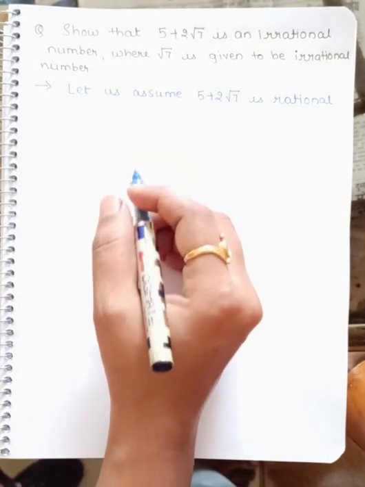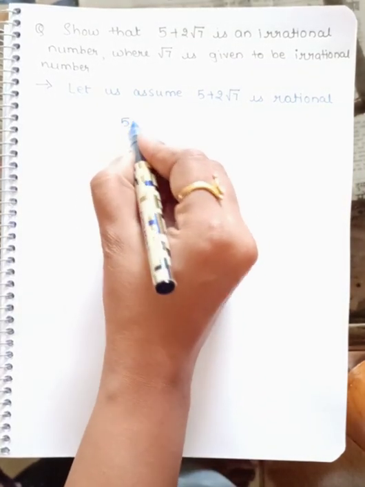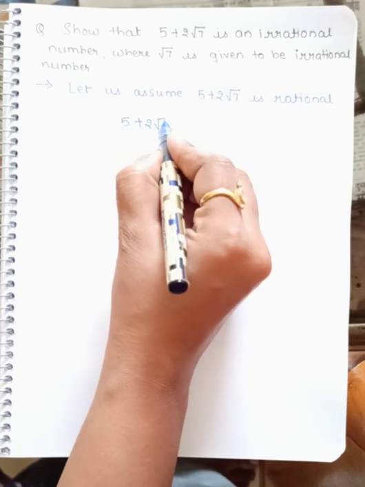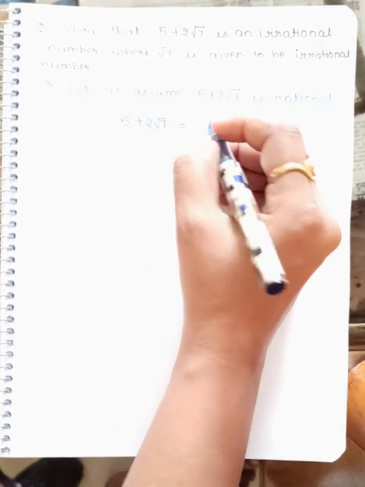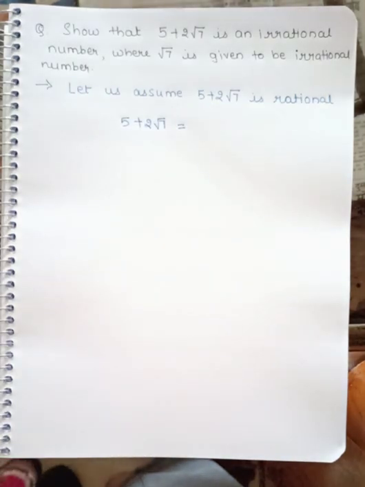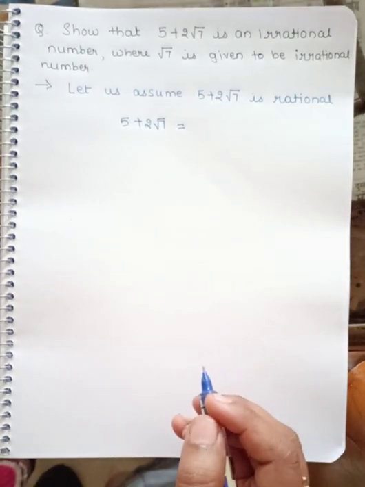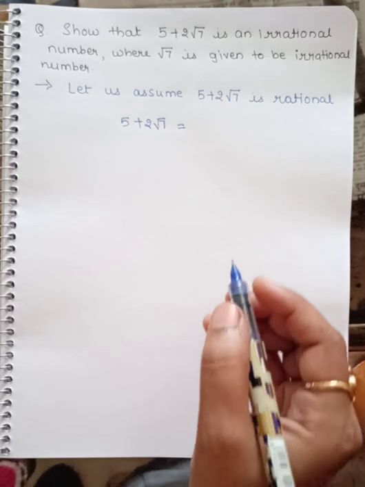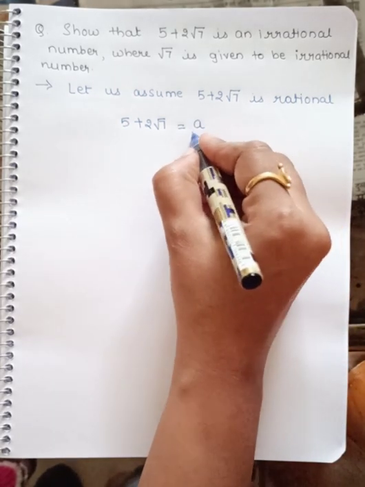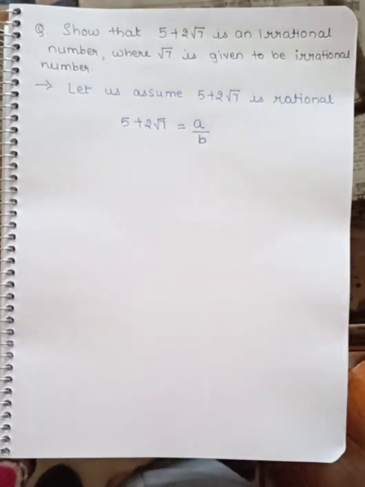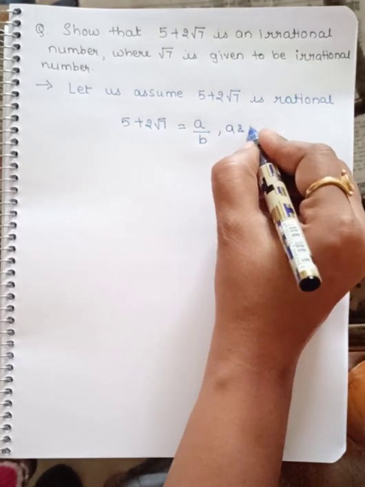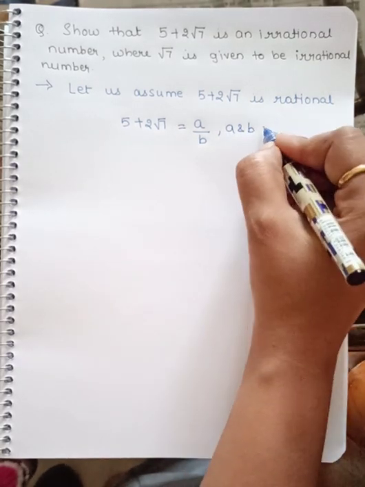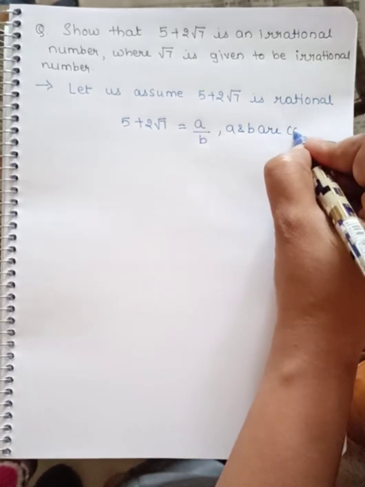So here I will write 5 plus 2 under root 7 is equal to p by q, or you can consider any other variables also. So I will be considering a by b, where a and b are co-primes.